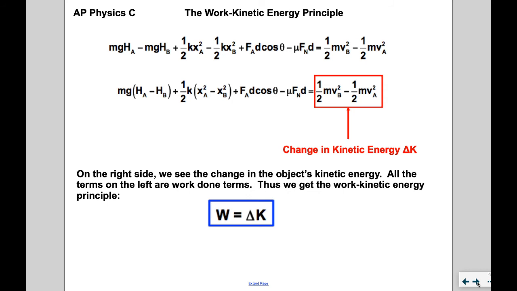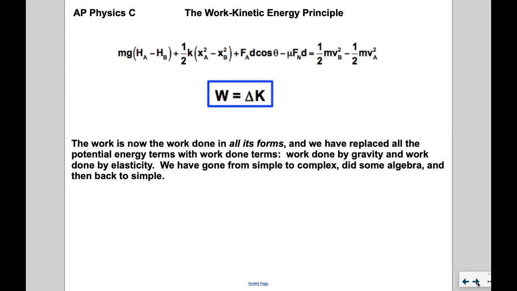So we are effectively consolidating the gravitational potential energy terms and elastic potential energy terms into these new ideas that we call work done by gravity and work done by the spring, to get effectively the work done in all of its forms. And that delta K is the change in the kinetic energy based on these other terms that we've seen.